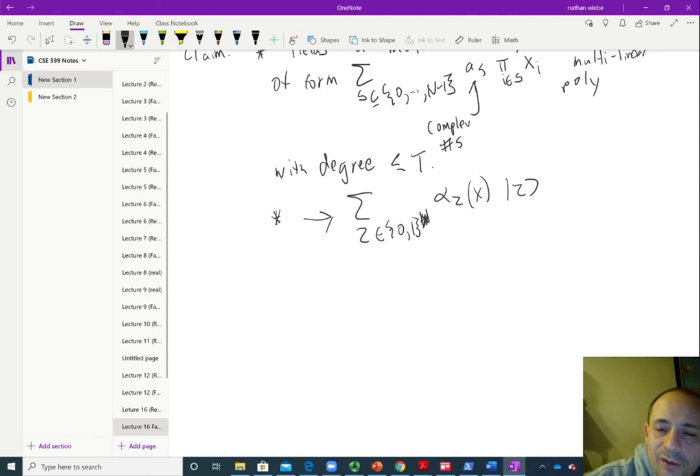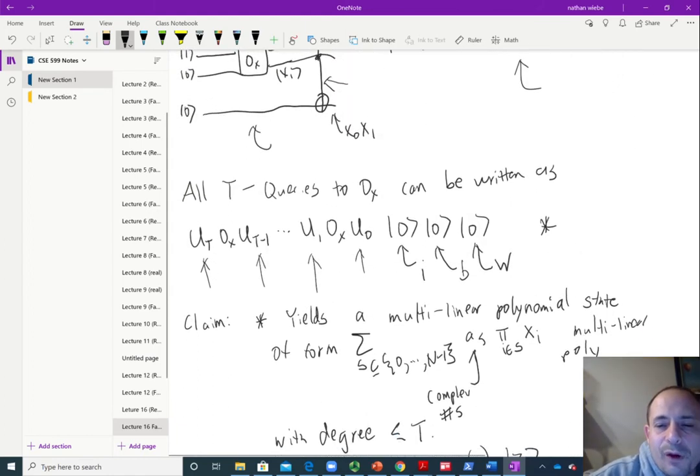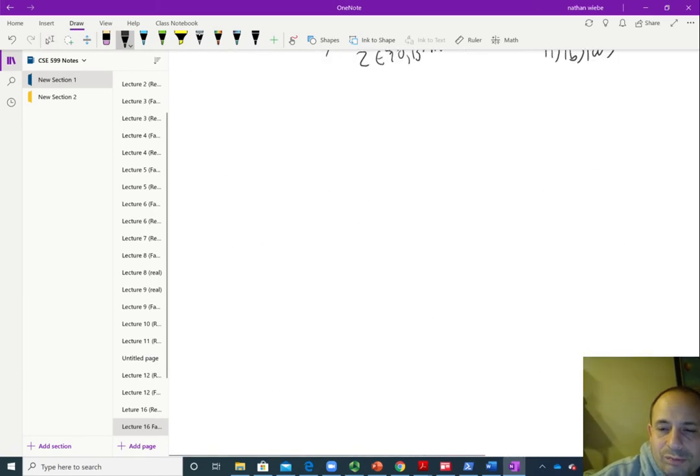Actually, I'm going to call this m prime, because these z's correspond to the index i, b, as well as these work qubits. So the number of qubits is the total number from this register and that register.